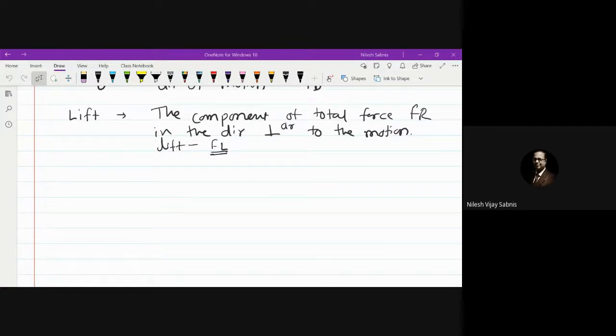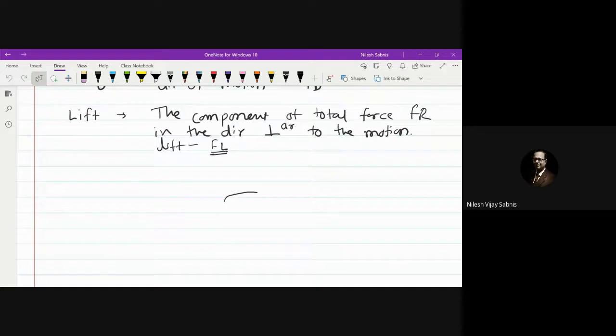So we will move forward regarding lift and drag. As I said, lift is a force exerted by fluid in the direction perpendicular to the direction of motion. Lift force occurs only when the axis of the body is inclined to the direction of the flow. If the axis of the body is parallel to the direction of flow, then lift will be zero. Why is it so?